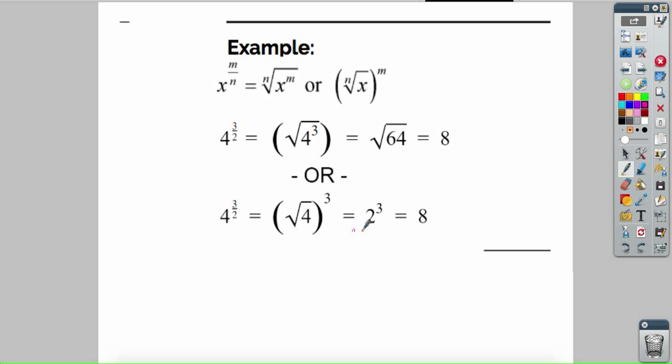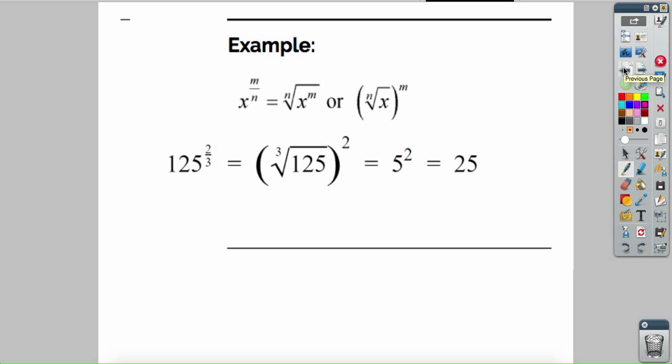So my square root of 4 gave me 2, and I cube that, and I get 8. Either way, I get 8. Okay? And sometimes we get problems where it doesn't matter whether we cube first in this case and then square root, or whether we square root and then cube. But some problems, like the one that we just looked at, are only going to work in one specific way.